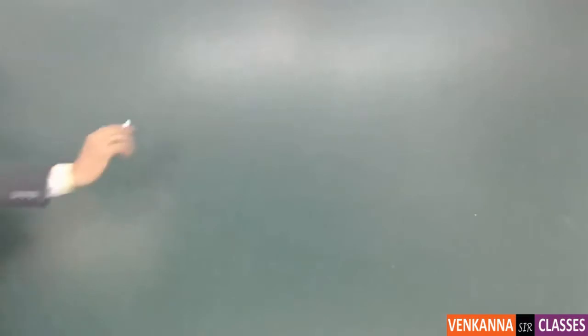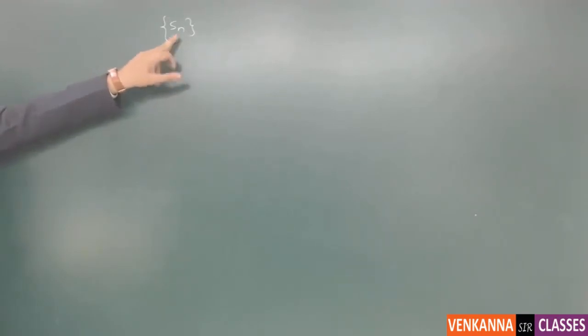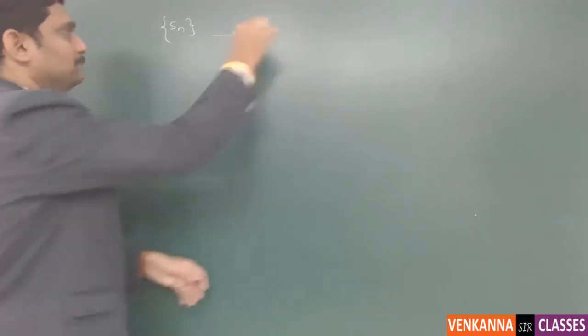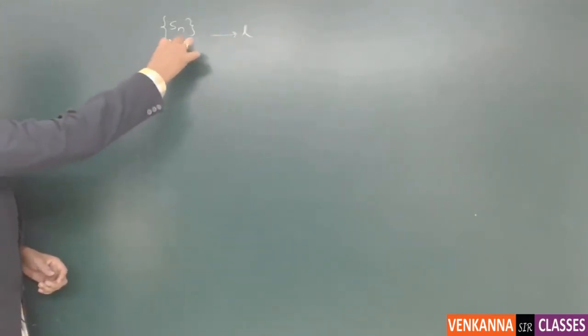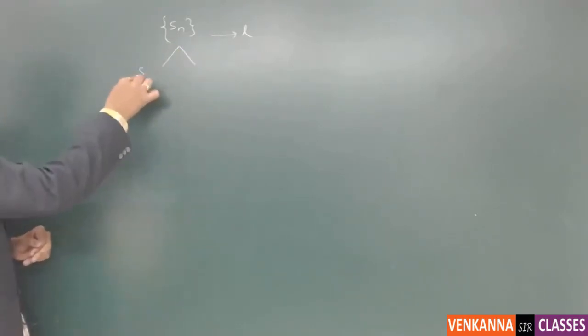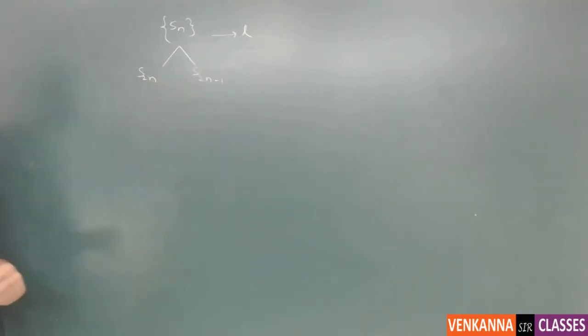So one strategy is, if you have a sequence Sn, and you want to prove that Sn converges to a value L, then from the sequence you will get the two subsequences S2n and S2n minus 1.